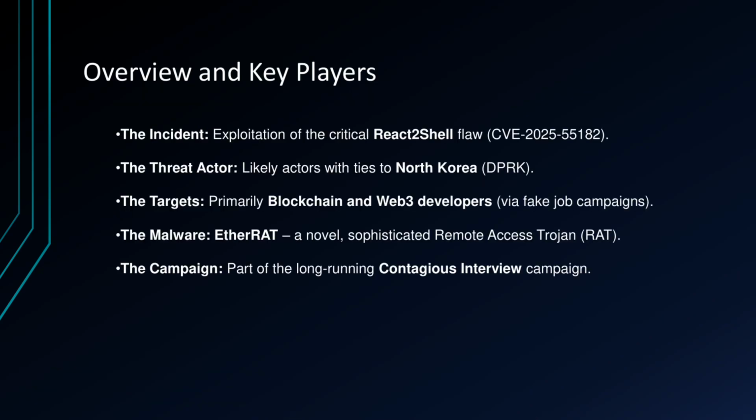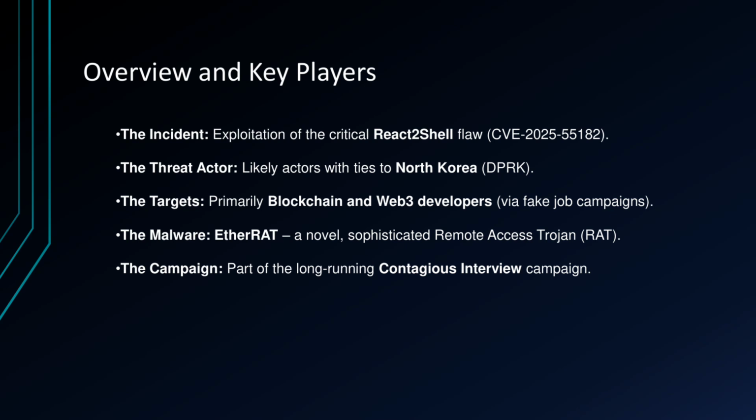Slide 2. The incident began with the exploitation of the critical React2Shell flaw, also known as CVE-2025-55182. The threat actor is strongly linked to groups with ties to North Korea, DPRK.